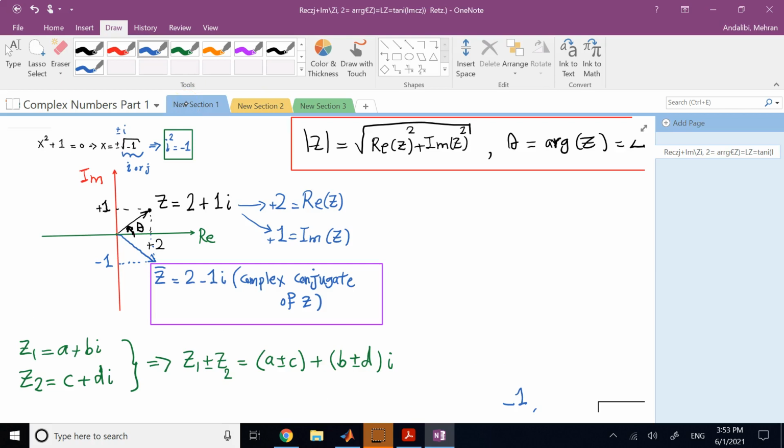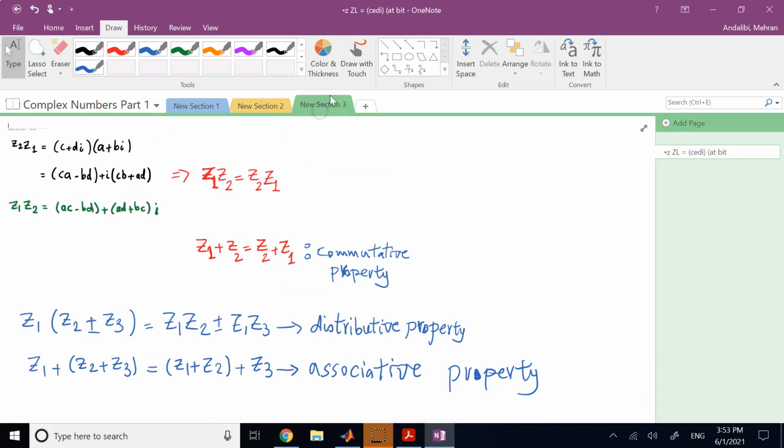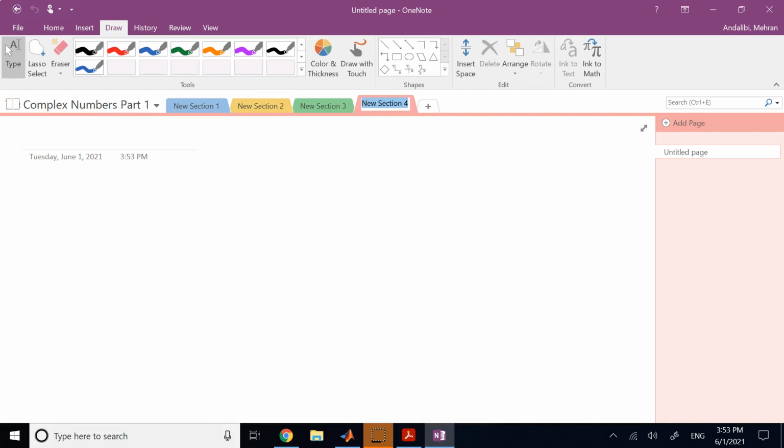Because if I want to start proof over proof over proof, then my lectures are going to be a little bit boring probably. So now let's talk about where I can use any of these. Okay, sure, let's do that.